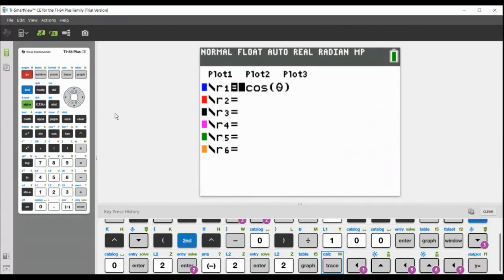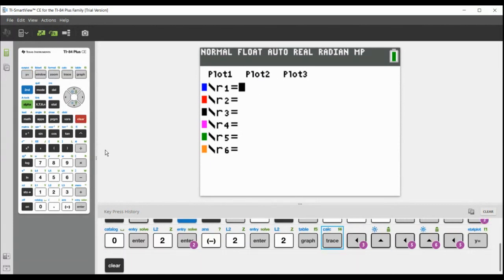I'm going to give you one for Valentine's Day, even though it's quite a ways from now. What if you had to do the cosine of 2 theta.